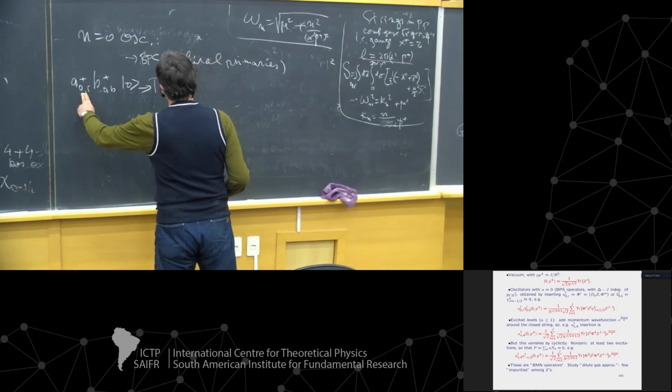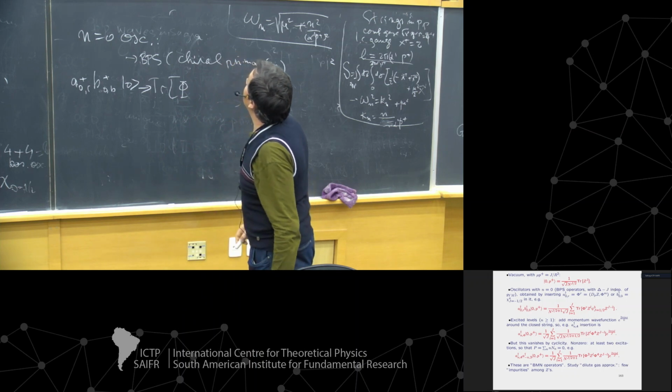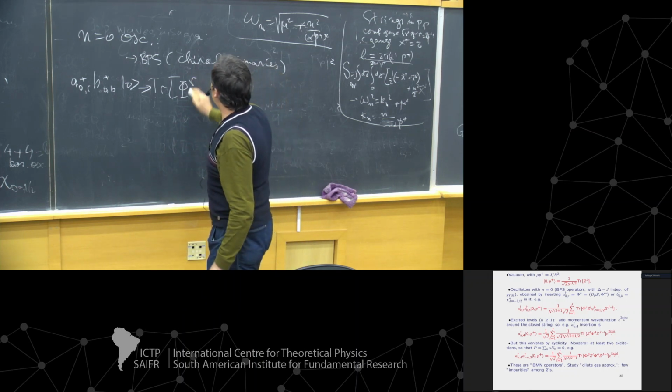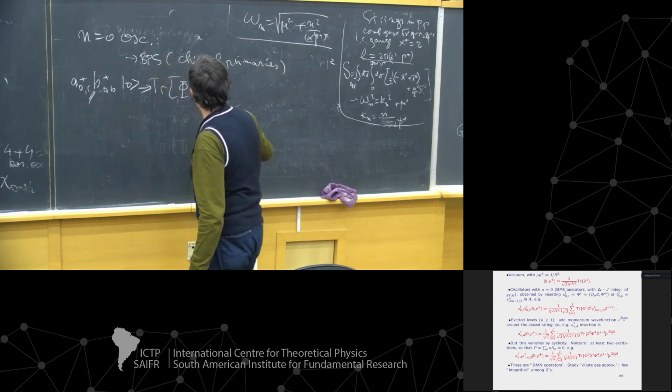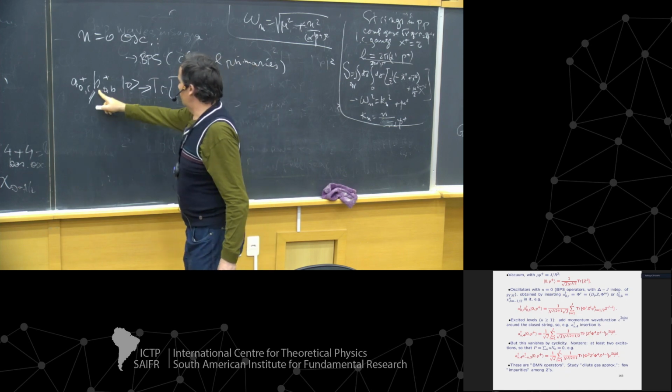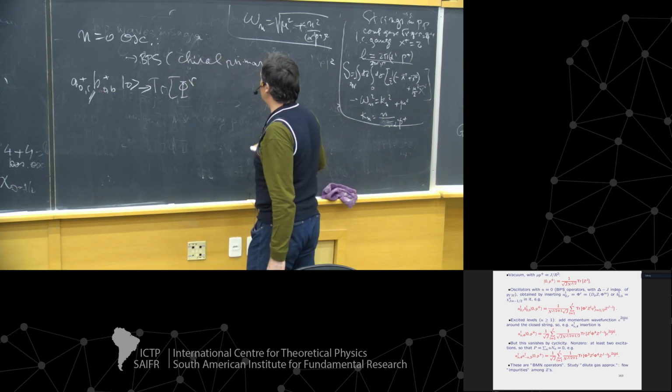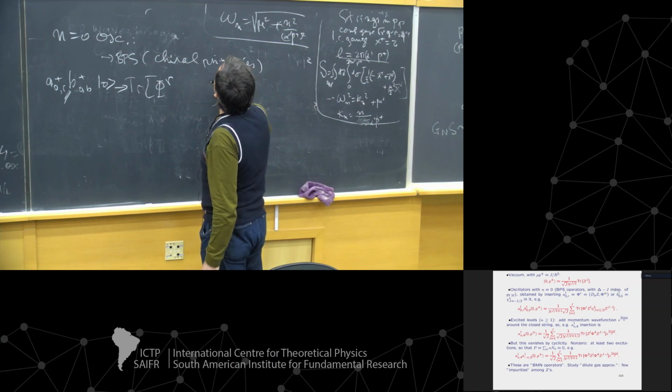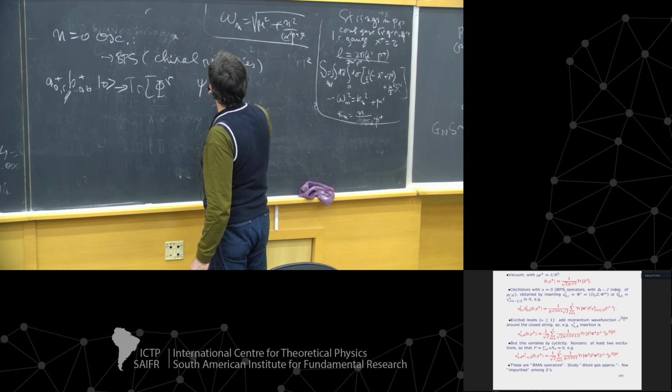So for the bosonic oscillator A0, I have the phi R, with the index R, and then for the fermionic oscillator B0 with index B, I have psi B, j equal 1/2.